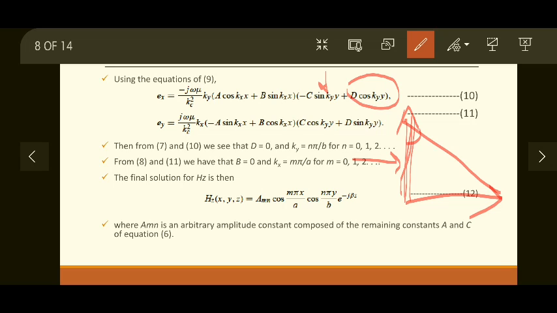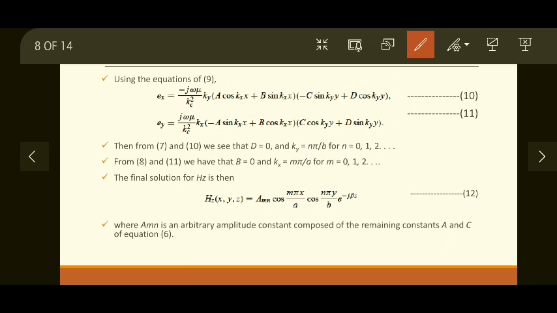And if we consider the second equation, that is Ey, this cos component will be 0 and the sine component will be present. Okay, so that is how d and b are found to be 0 and the values of ky and kx are found to be integer multiples of pi, limited by these coordinates b and a.